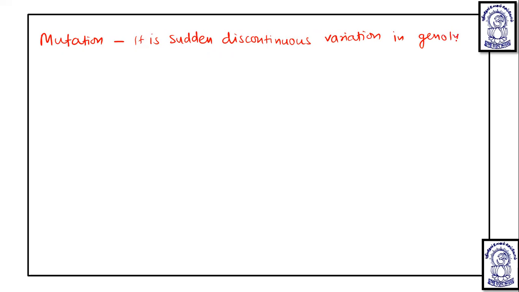So, if we define this mutation, it is a sudden, discontinuous variation in genotype and phenotype.